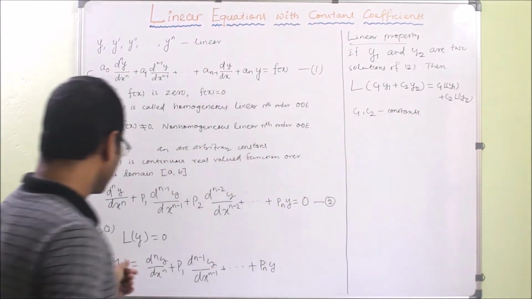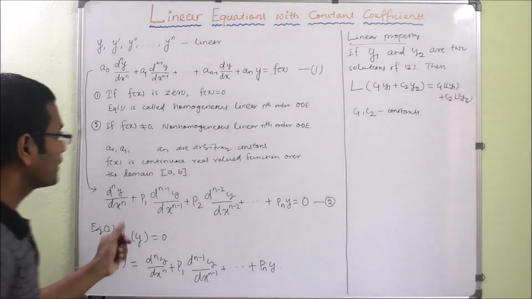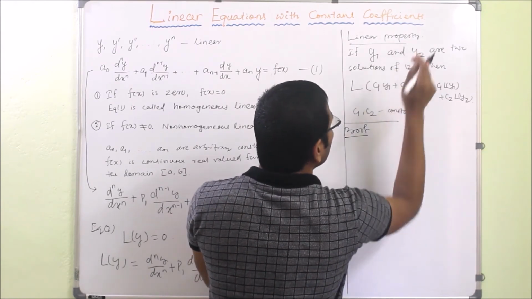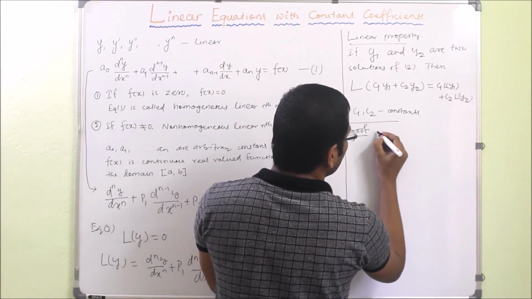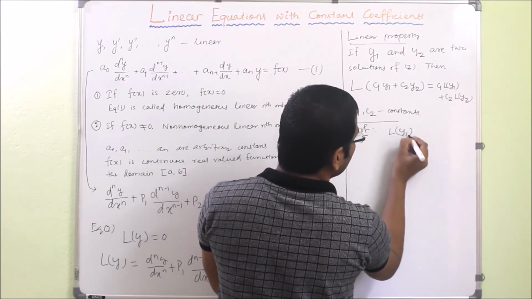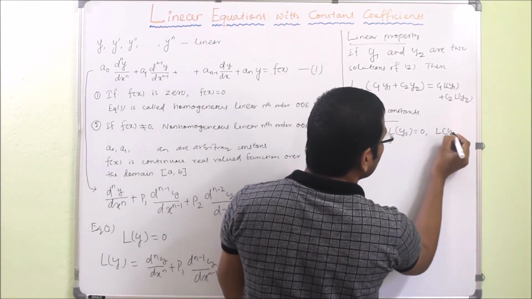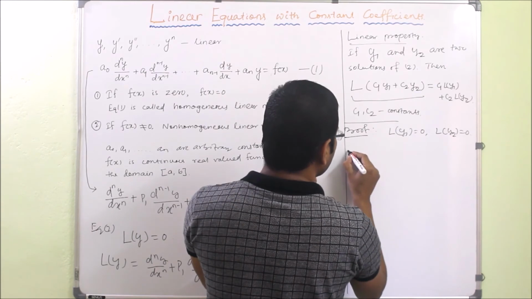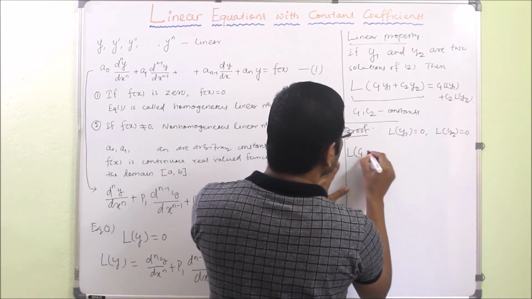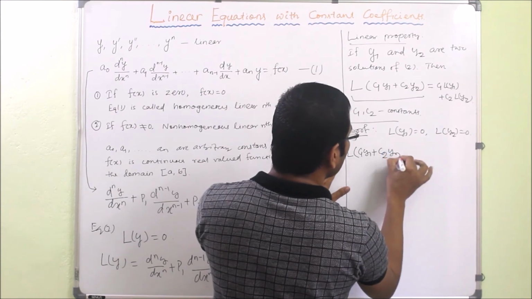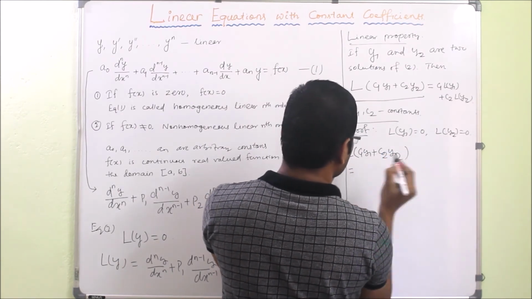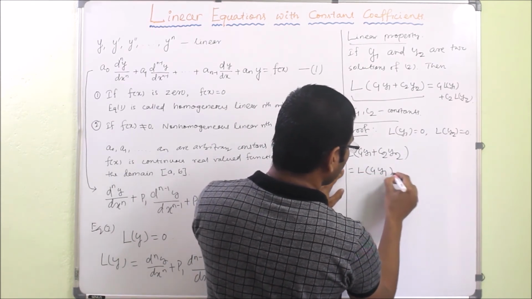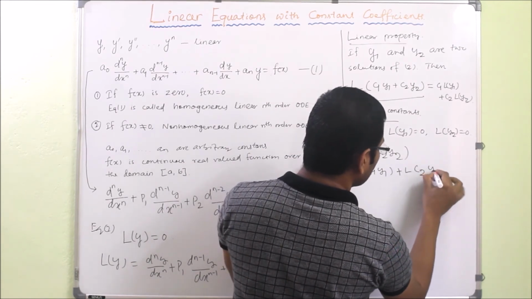So how to do it? Here y1 and y2 are solutions, so y1, y2 being solutions means L of y1 equal to 0 and L of y2 equal to 0. Now we have to prove this statement, so we will take the LHS. L of C1 y1 plus C2 y2. This equals L of C1 y1 plus L of C2 y2.